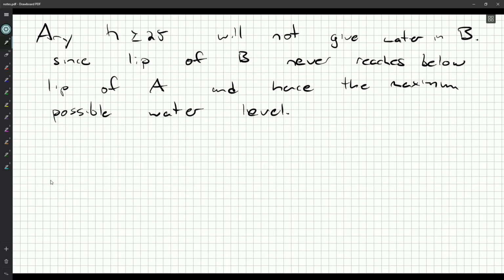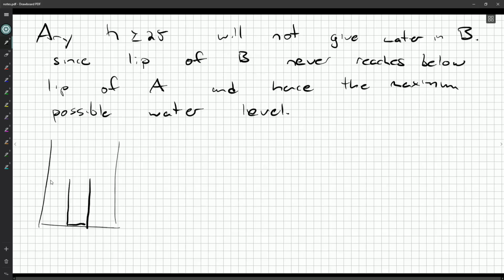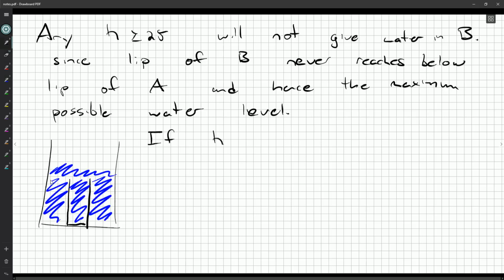Okay, so what does it look like if B is full? So if B is full, then B is full of water. There's going to be water all around B. And there could possibly even be water above B. So if H is less than or equal to 19, but of course it's possible that water flows out and this isn't the right thing.